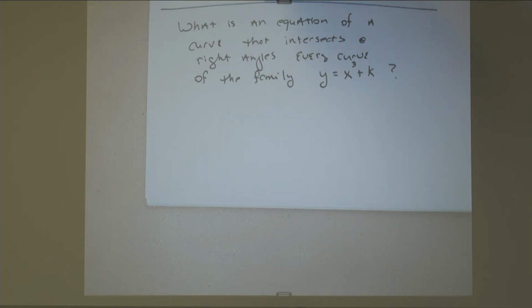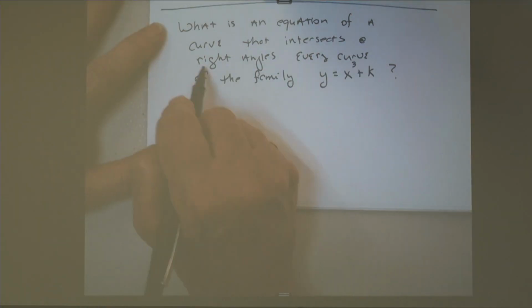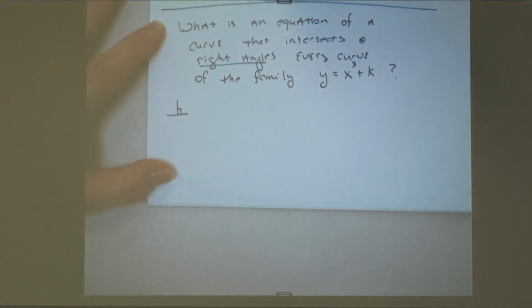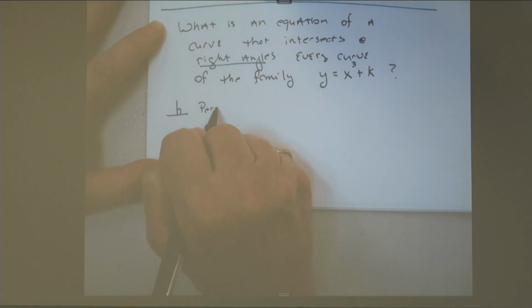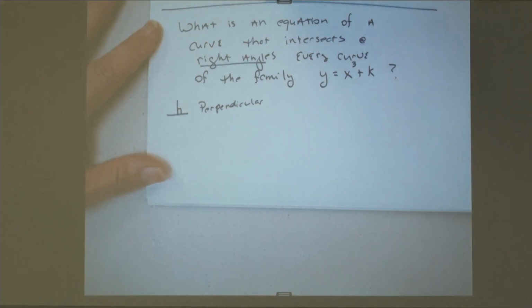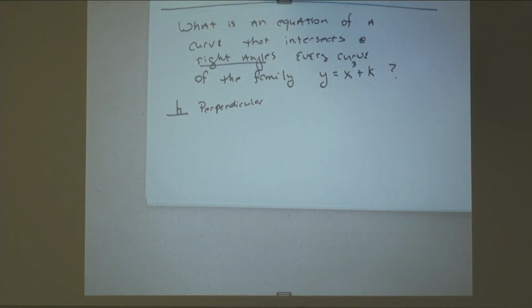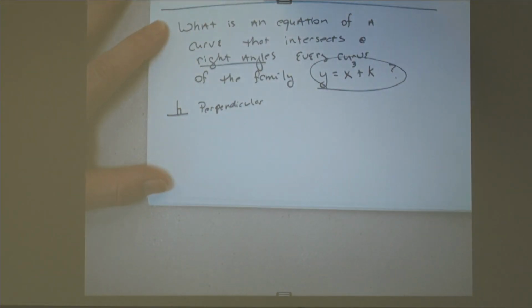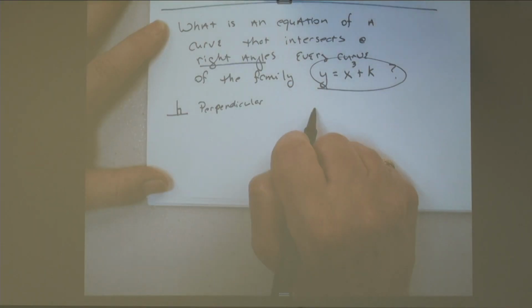So where do we start? Well, first of all, it intersects at right angles. If I'm intersecting at a right angle, my lines are perpendicular. And that's a big clue to solving this problem. All right, well, if they're perpendicular, they have negative reciprocal slopes. Okay, well, so what's the slope of this family of curves? Oh, yeah, the derivative.